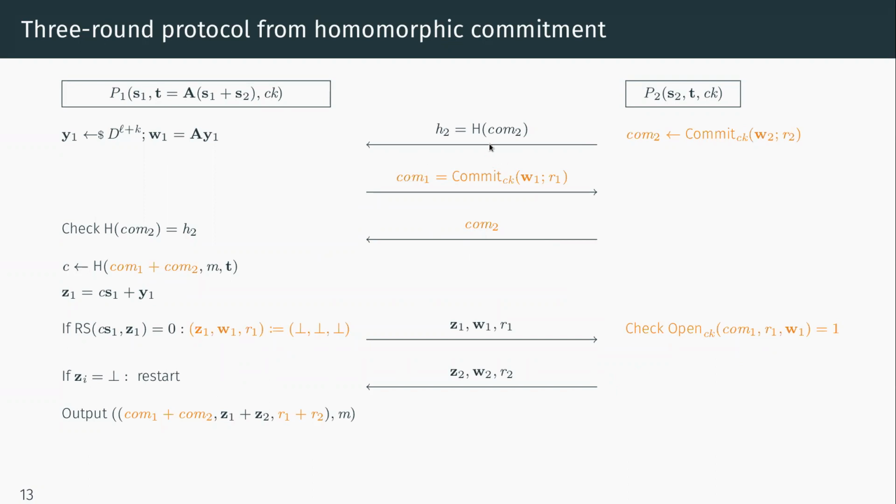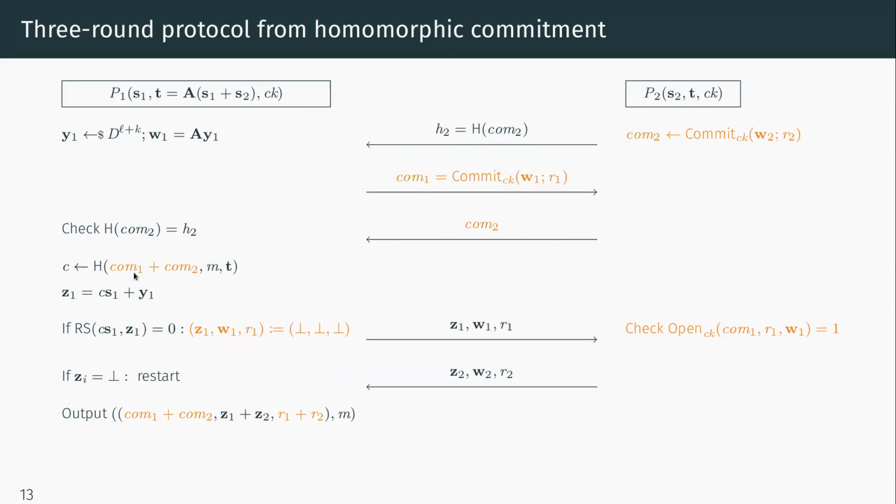And then, first, party 2 sends a hash of this commitment, and then party 1 sends its commitment, and then receives the commitment, which is a pre-image of the hash commitment here. And then party 1 checks that this hash of the commitment is actually correct.